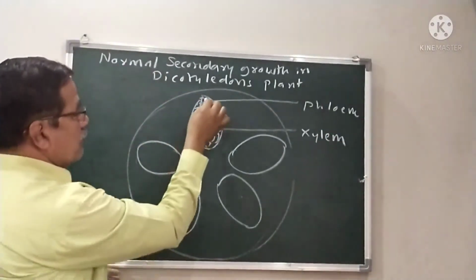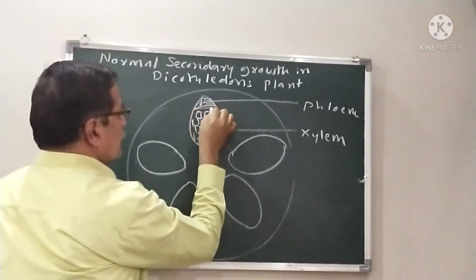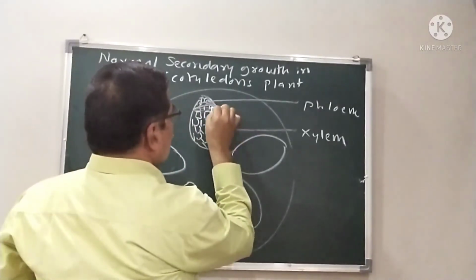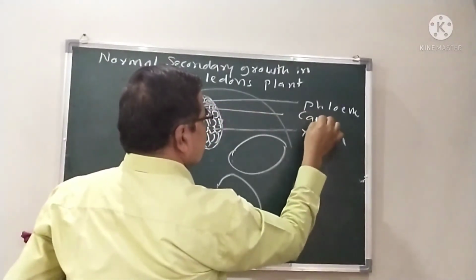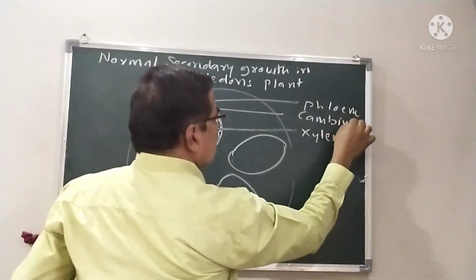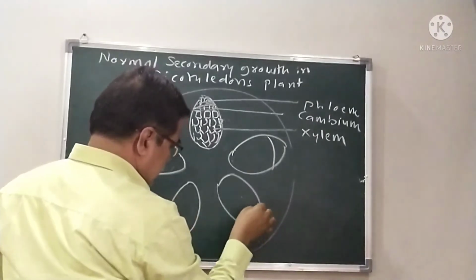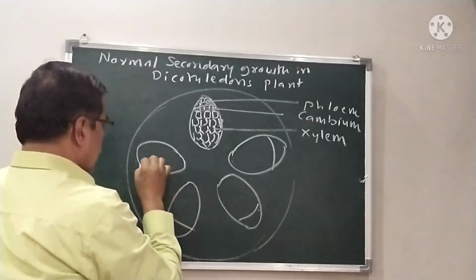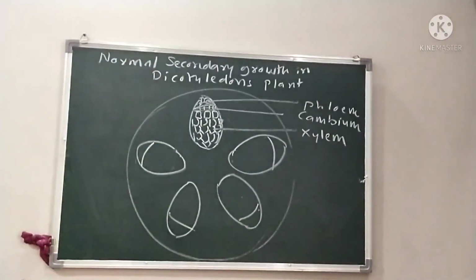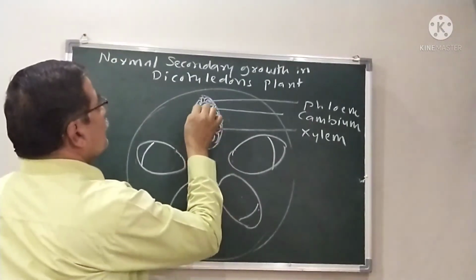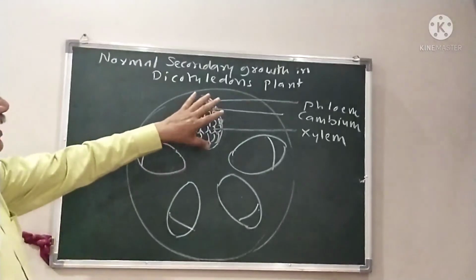And in between phloem and xylem, the cambium strip, that is the vascular cambium, is present. In detail, I have drawn only one vascular bundle.